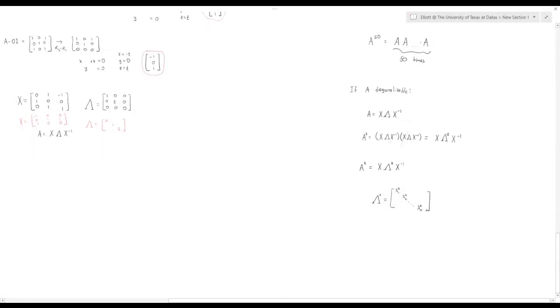So raising a diagonal matrix to a high power is comparatively easy. And if your matrix is diagonalizable, then you can exploit that factorization to get a relatively easy way of computing a high power of your matrix, okay?